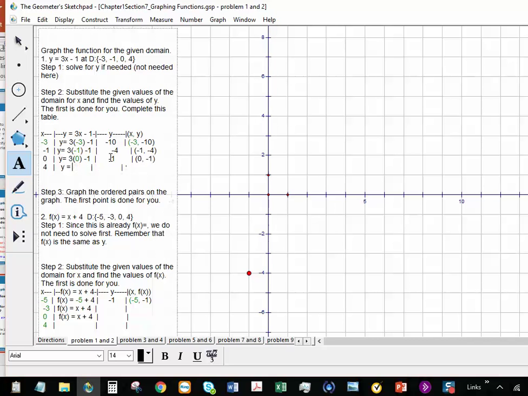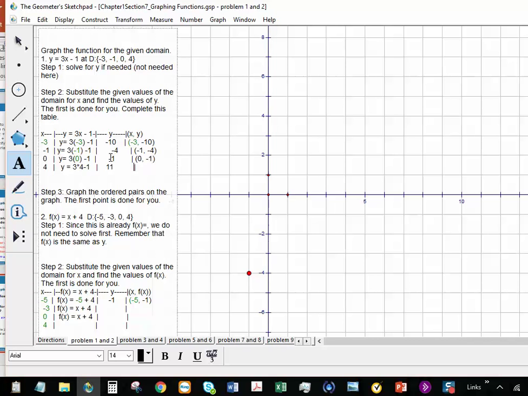It's 3x, not x times. I was looking at that wrong. So I'd have 3 times 4 minus 1. And then do the math. 3 times 4 is 12. 12 minus 1 is 11.